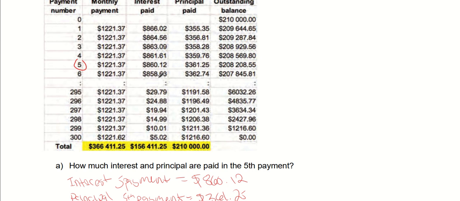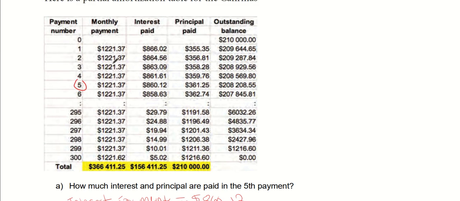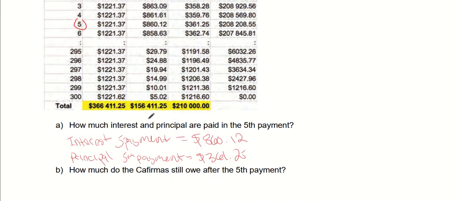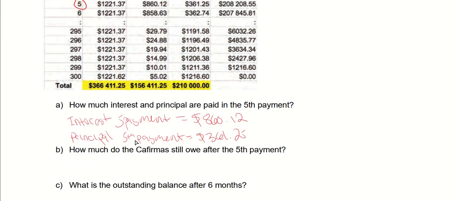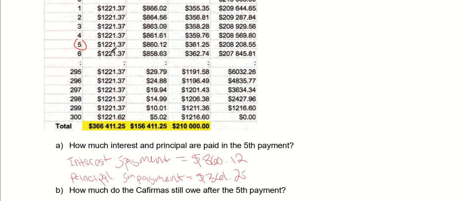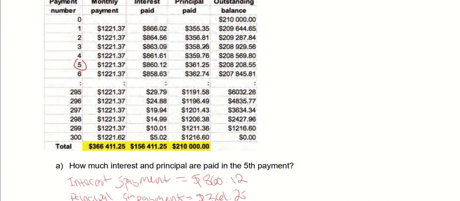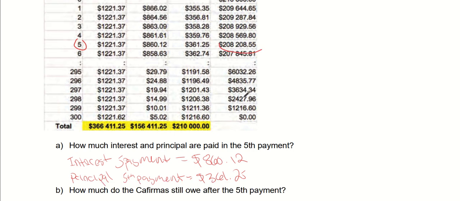I think it's the outstanding balance. Oh yeah, so it's minus. So the numbers are getting smaller. So it's this number here minus these numbers. How much do the Confirmas still owe after the fifth payment? Well, here's the fifth payment, and if you take a look here, the outstanding balance at the fifth payment is this number here.